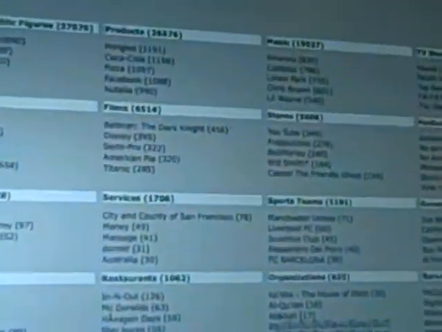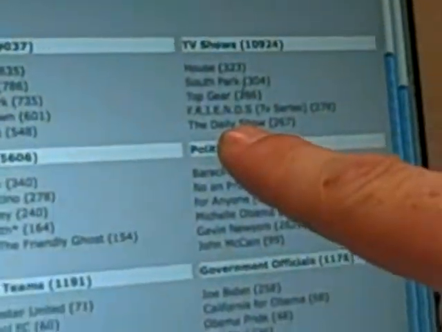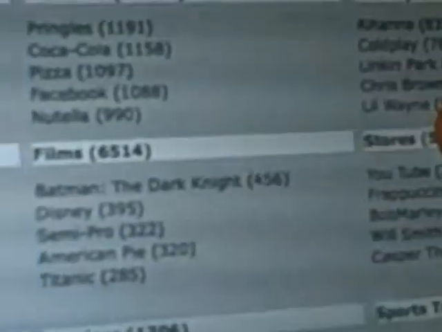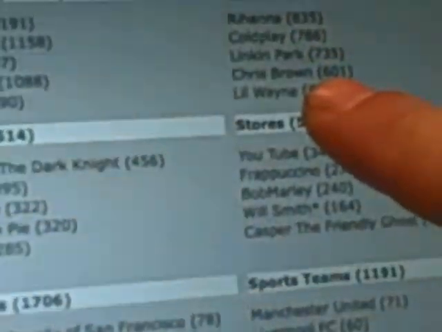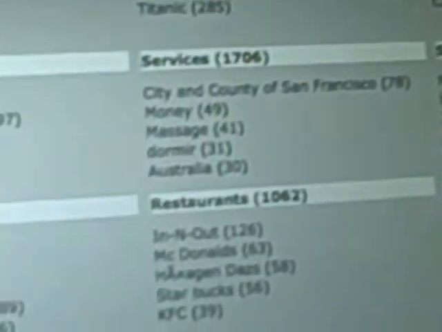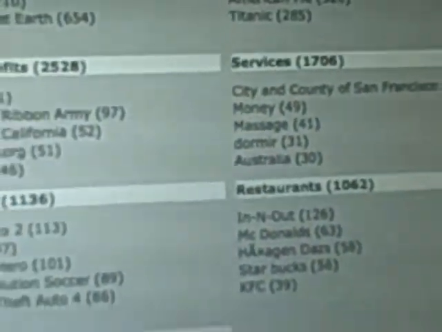So if I was Virgin, these are the places I might want to market and advertise. I might want to consider these celebrities as part of my ad. I might want to consider this music for my airplanes. Because this is the demographic that Virgin is focused on, which is the 25 to 35 professional marketplace.